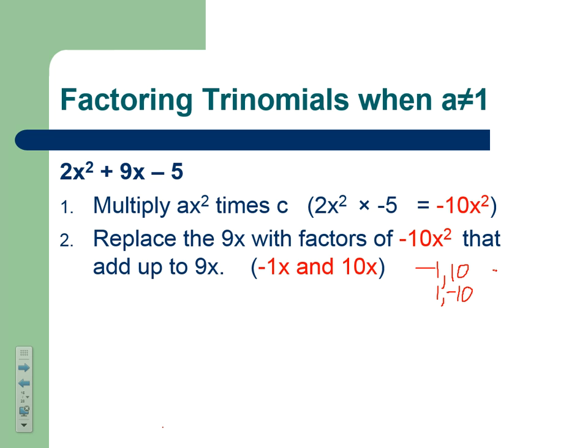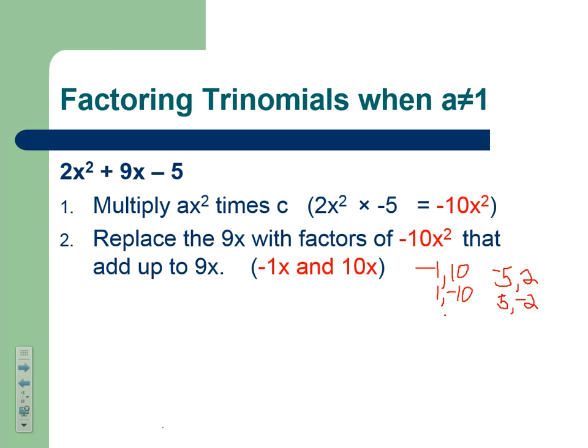Then we have a negative 5 and a positive 2. And we also have positive 5 and negative 2. And of course, don't forget to go back and add x to all of these factor pairs.